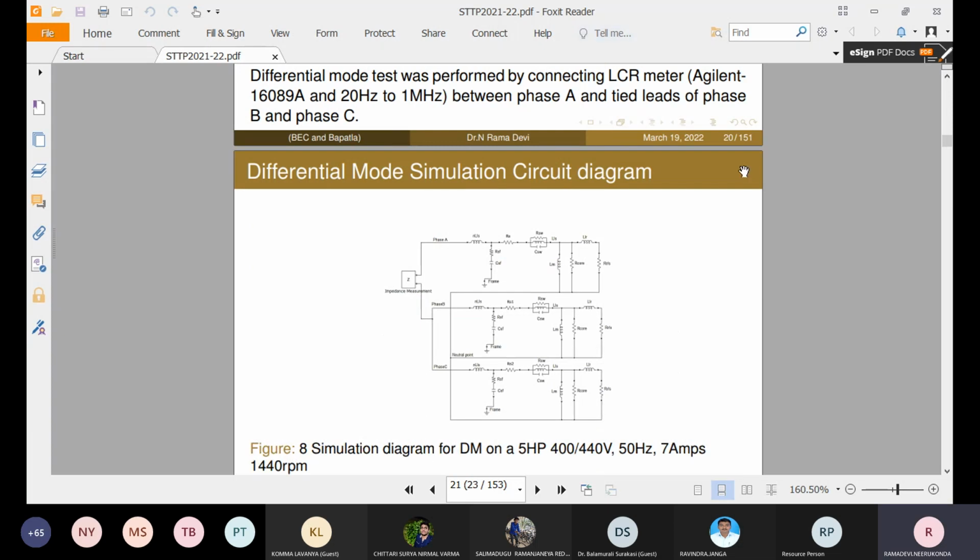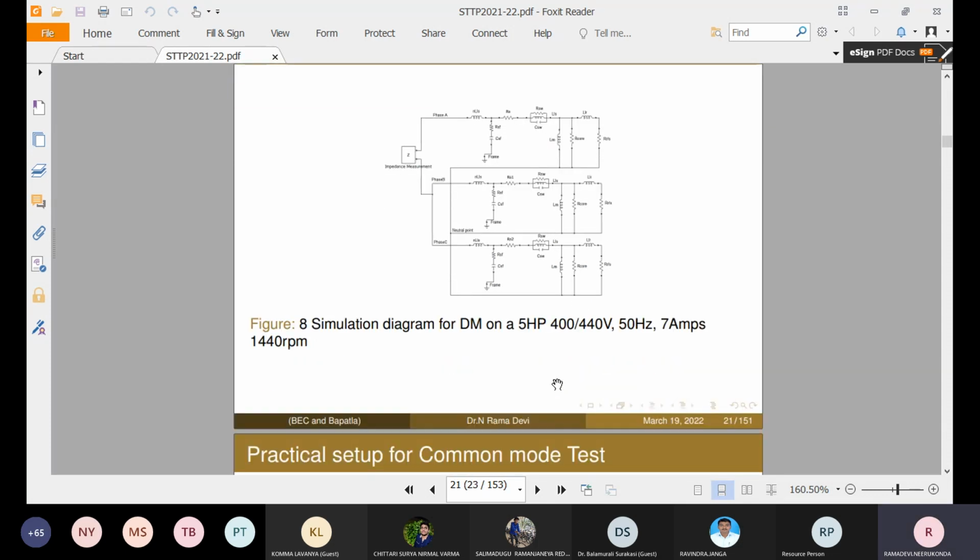Making use of the obtained parameters, we built the differential mode circuit in the MATLAB Simulink platform. This is the differential mode simulation circuit of a 5 HP induction motor.